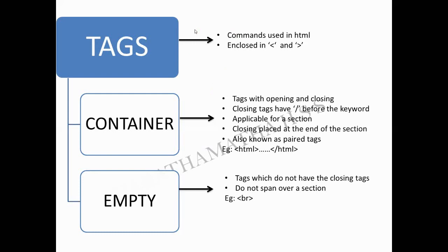A container tag is also called a paired tag. It has an opening tag as well as a closing tag, with a forward slash before the keyword. The closing tag is placed at the end of the section. An example is HTML and closing HTML.